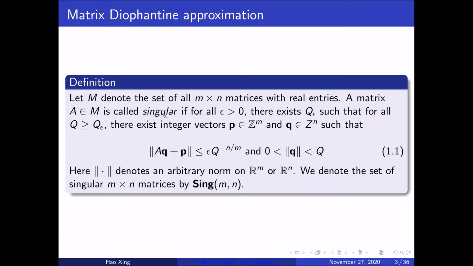A matrix A is called singular if for all epsilon greater than 0, there exists a positive number Q_epsilon such that for all Q greater than or equal to Q_epsilon, there exist an m-dimensional integer vector p and an n-dimensional integer vector q such that the norm of Aq plus p is bounded by epsilon times the reciprocal of some certain power of the norm of q.